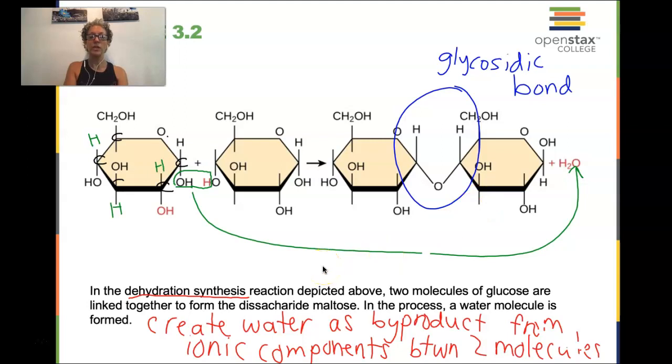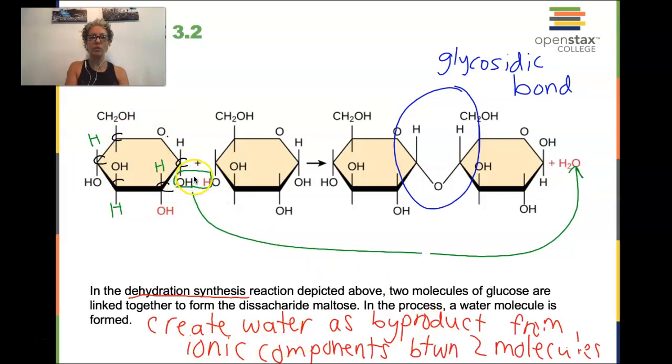And this process that was used to create this glycosidic bond is called dehydration synthesis. Synthesis because we are creating something larger. And dehydration, not because we're drying out the molecules, but because we create water as a byproduct.